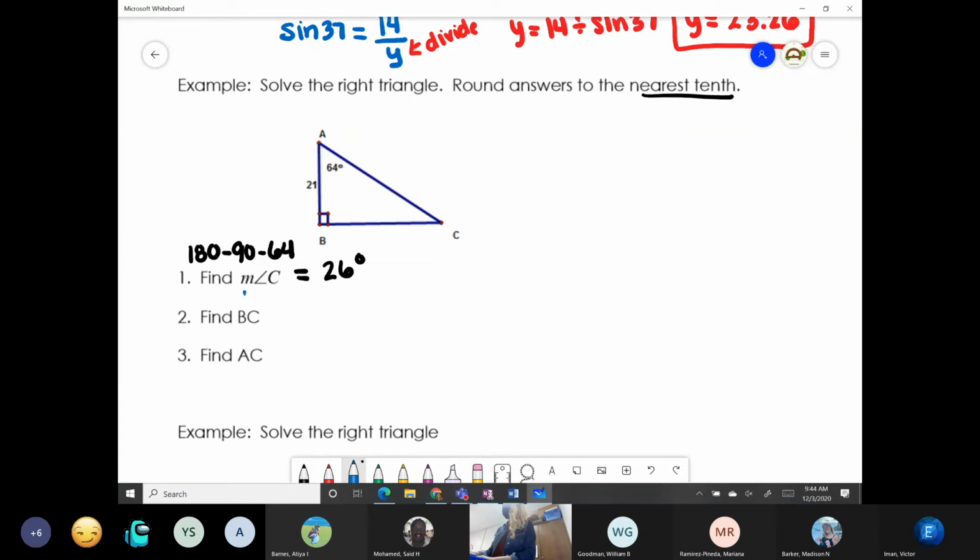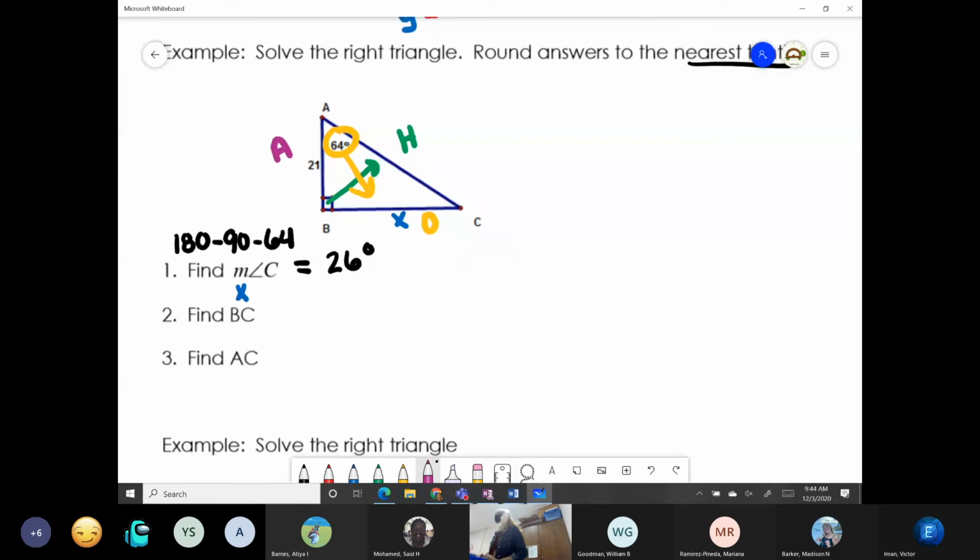I'm just going to make BC X. And I'm going to go ahead and label this up. So hypotenuse, opposite, adjacent. So I'm labeling that triangle. Sorry if that's a little small. It's okay for you guys to see that.